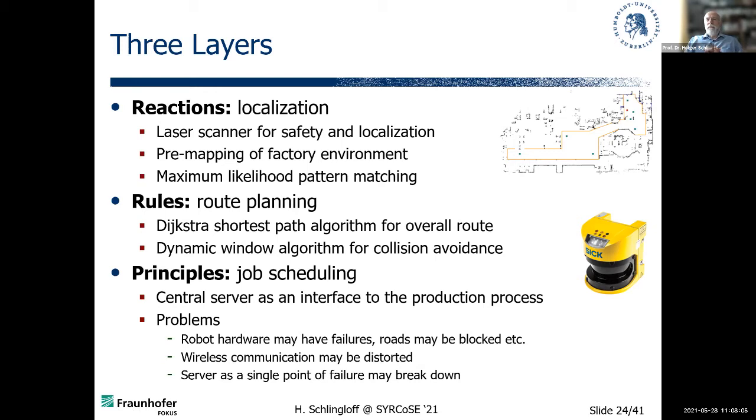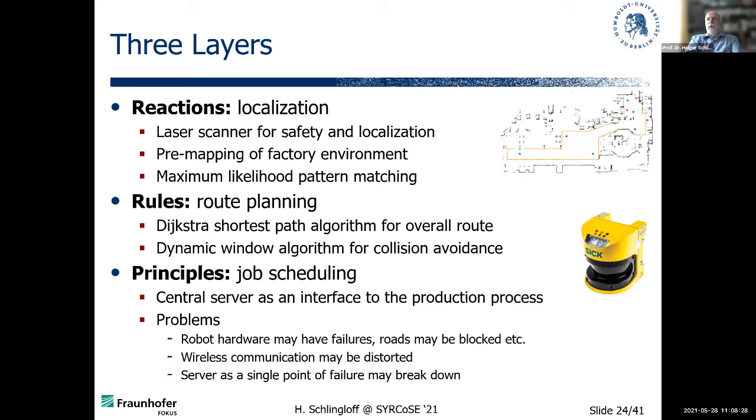For the rules layer, of course, we have route planning algorithms. The rules are, for example, bring a certain load from machine A to machine B. So there's basically a Dijkstra shortest path algorithm for such route planning.